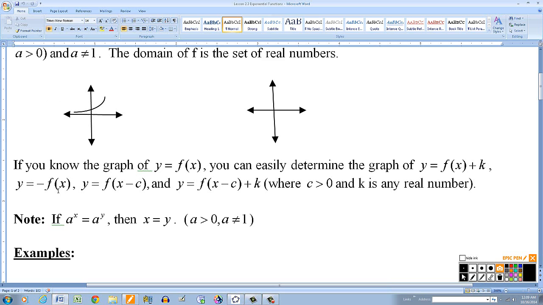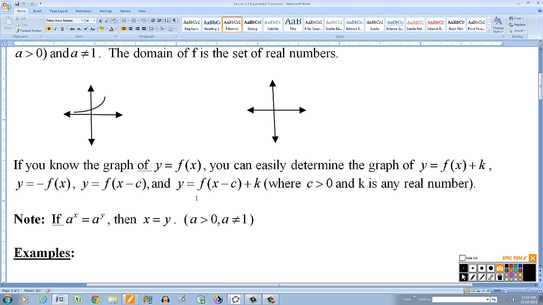Y equals minus f of x simply reflects the graph over the x-axis. Y equals f of x minus c, where c is some positive number, simply shifts the graph to the right or to the left, depending on the value of c. Okay, if c is positive, then it's going to move to the right. If this becomes a plus sign here, which makes c a minus c, then it's going to move to the left.